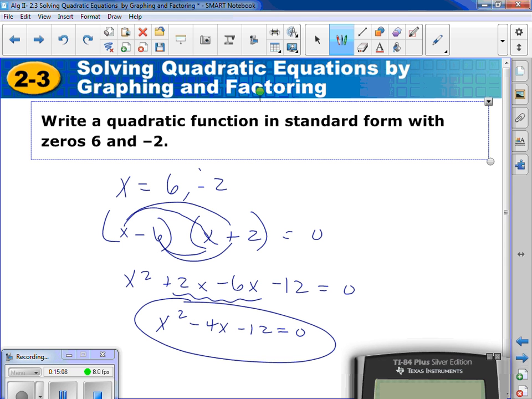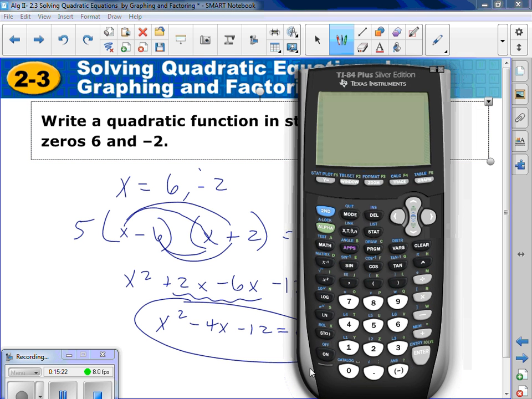The reason why: if I would have thrown a 5 out front here, does that 5 change what's on the inside of the parentheses? Does it change your zeros? All right, let's look.